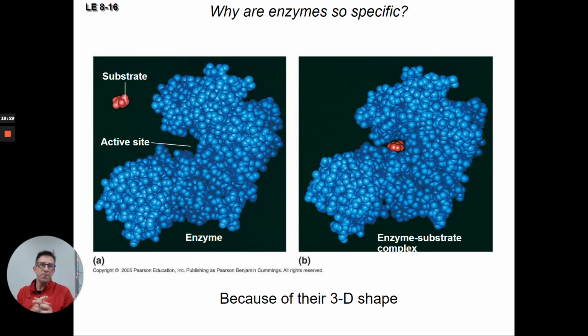Because the DNA codes for proteins, oftentimes, and enzymes are proteins. If there is a very specific change in the DNA in a very specific spot that codes for an enzyme protein, there's a really good chance that you could have an enzyme with an active site that is screwed up. Okay, even sometimes one small base pair change can create a three-dimensional structure in a protein that is completely off and different than what it should be.